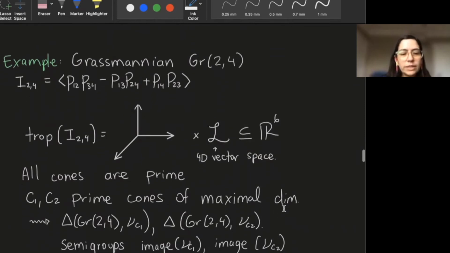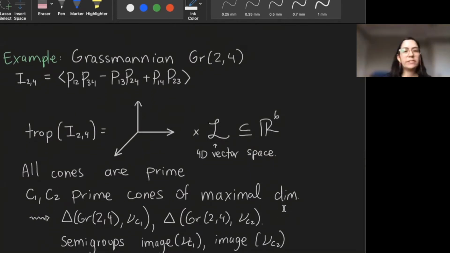Okay, so let's look at an example and let's talk about the Grassmannian Gr(2,4), and I'll consider its Plücker embedding, so I'm going to consider the Plücker ideal. And then the tropicalization is going to be the product of this fan, and so there's nothing here, right?